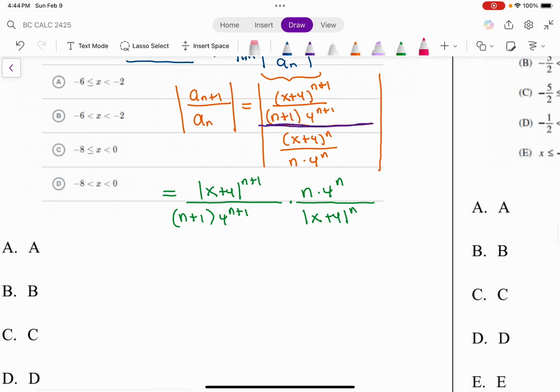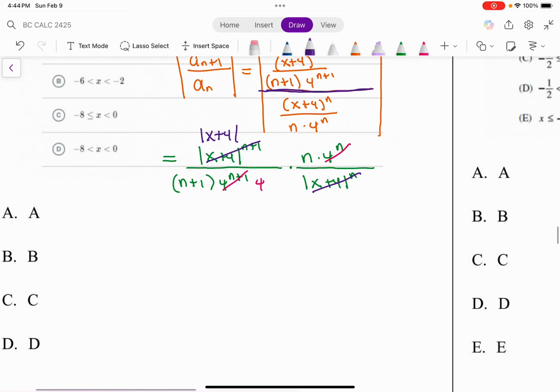And we do some canceling where we can. So this will leave a 4, and this will leave a copy of an absolute value of x plus 4. And be careful, the n over n plus 1 doesn't cancel. It will kind of vanish when we take a limit, but it doesn't cancel.